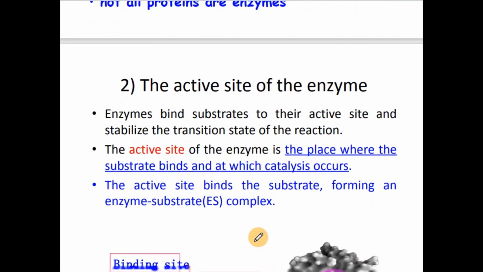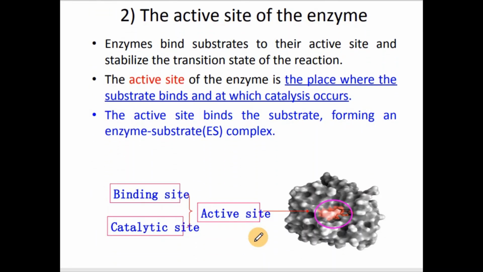So now let's discuss the active site of an enzyme. So when an enzyme is to catalyze a reaction, the substrate always binds the active site. So the active site is a region on the enzyme where the substrate can bind. The active site has two parts. We have the substrate binding site where the substrate can bind.